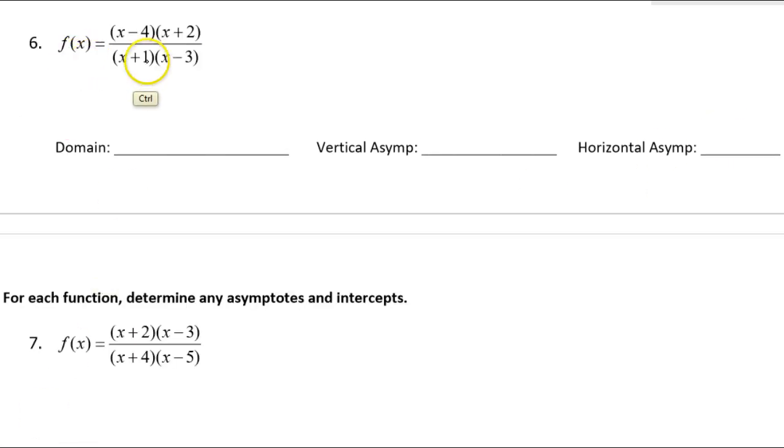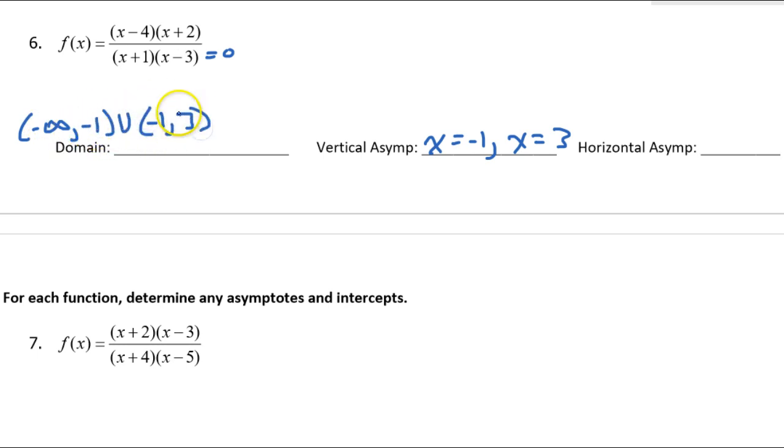All right, looking at problem number 6, the vertical asymptotes come from the denominator, so that's going to be x equals -1, x equals 3. So nothing cancels out, so there are no holes. So the domain is going to be negative infinity to -1, union -1 to 3, union 3 to infinity.